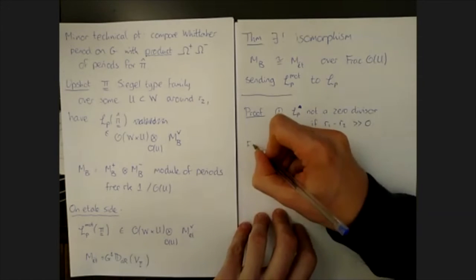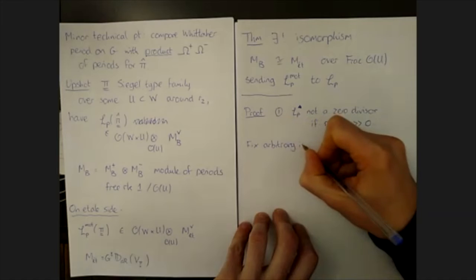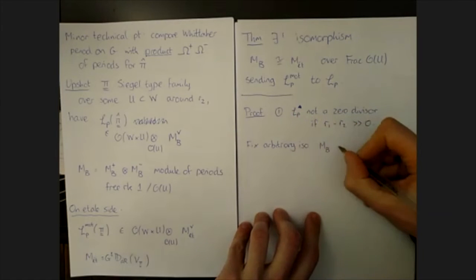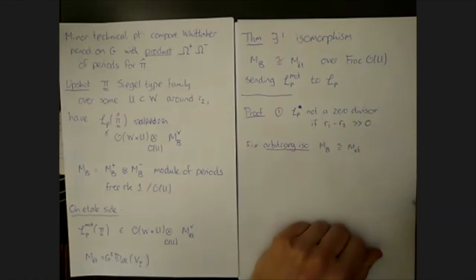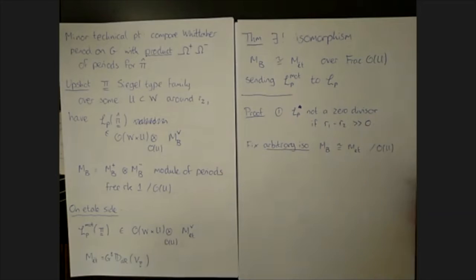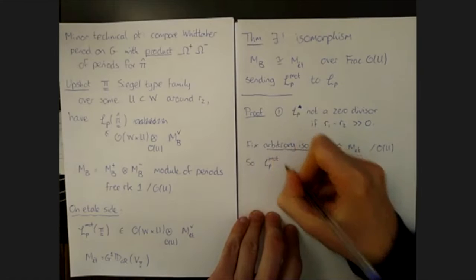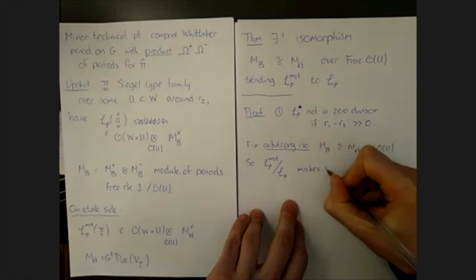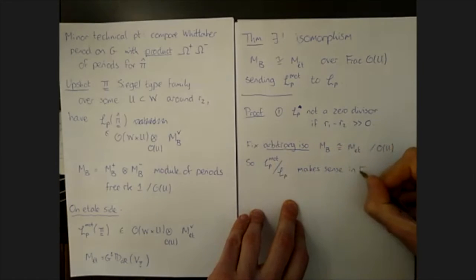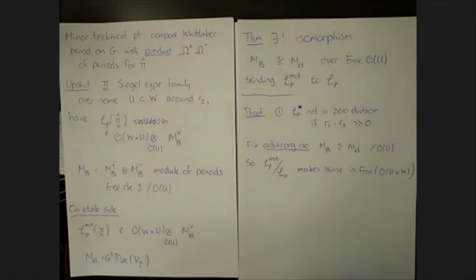So fix an isomorphism arbitrarily, a completely random isomorphism over O_U, which you can do because they're both free of rank 1. So you can divide one of these guys by the other guy.